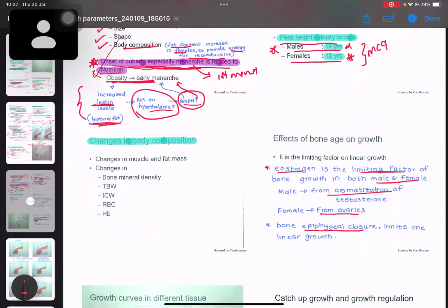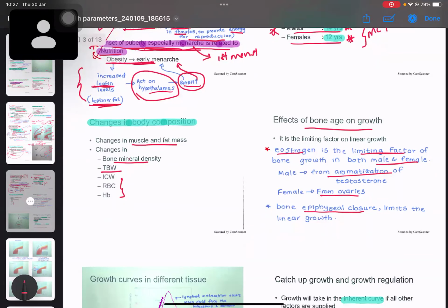Changes in body composition, the muscle, fat mass, bone mineral density, total body weight, the RBC level, hemoglobin level, everything in the body will change as the child grows.